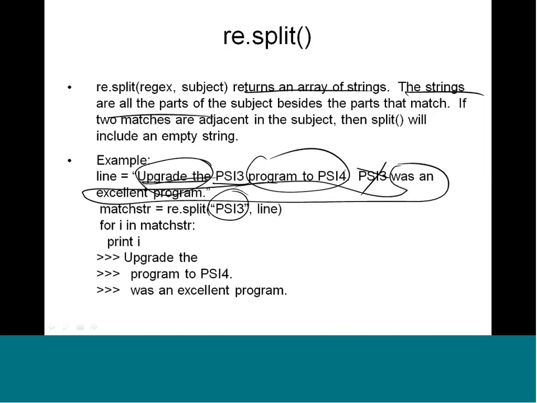So this is also gone, and then up to here. Now you can see how this i is being printed. Basically, it prints "upgrade the" as the first one, then "program to PSI 4" as the second, and then "was an excellent program" is the third one.